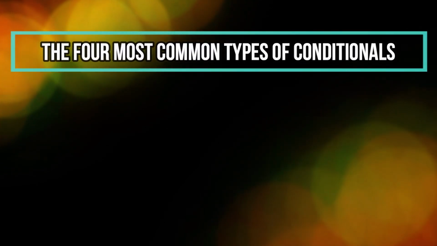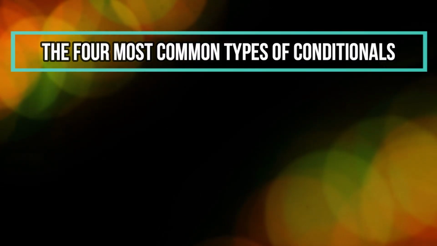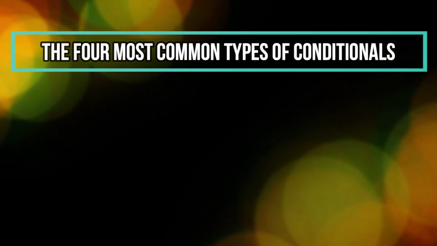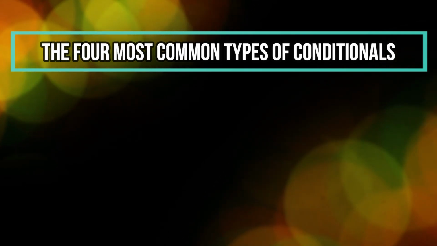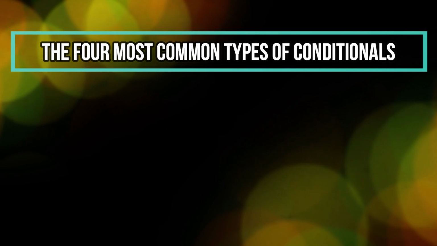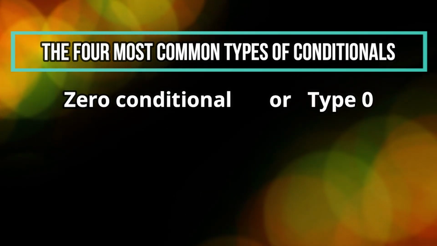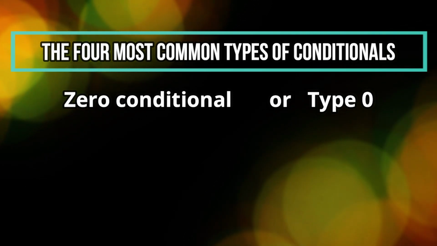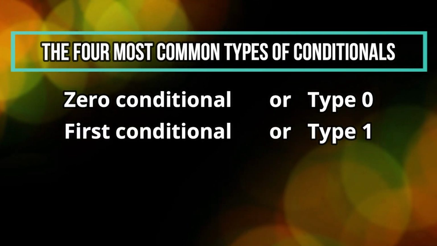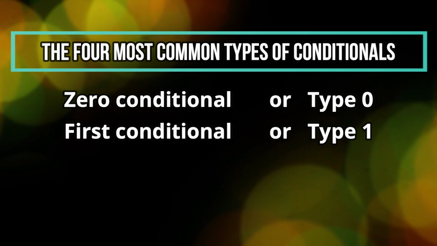Now, there are many types of conditionals, but I'll be discussing 4 of the most common that you'll see or hear. The first is the zero conditional, or what they call type 0 sometimes. The first conditional, or type 1.